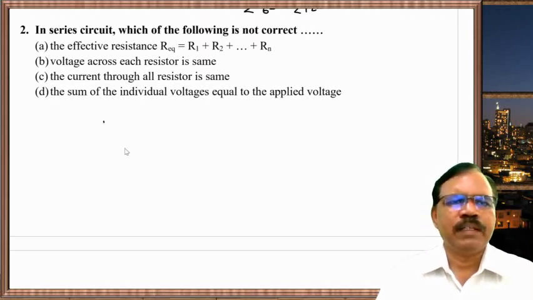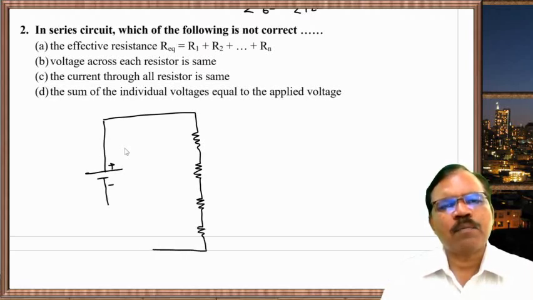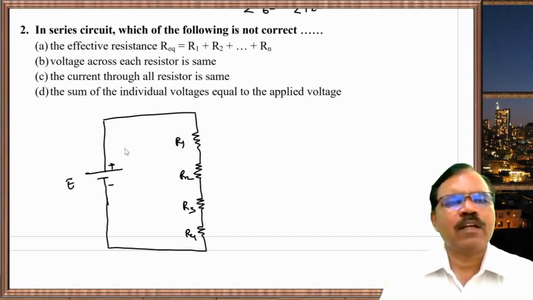So if we see simply here, a series circuit, this is a battery, and suppose resistances R1, R2, R3, R4 are in series. Suppose this is a battery of EMF E, then current will flow through this, and suppose I is the current. Now we will observe that the same current will flow through the circuit.